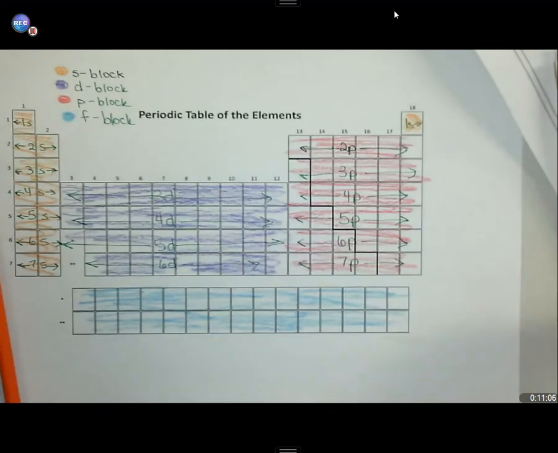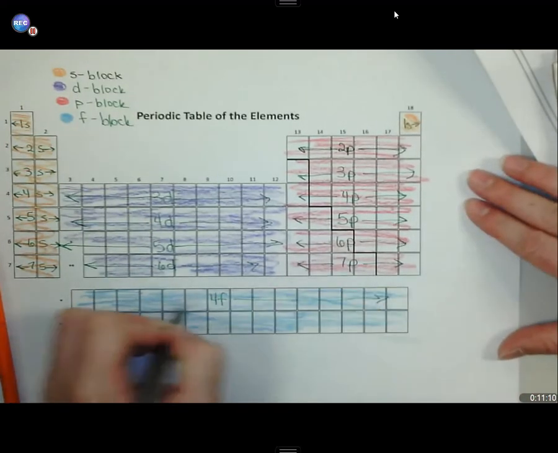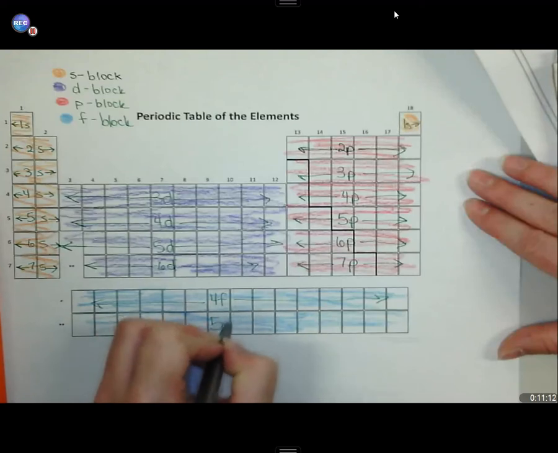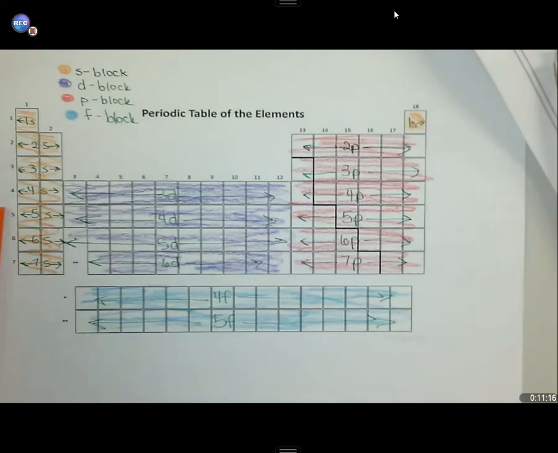So with the F block, you're going to have 4F, and then you're going to have 5F below that. And that will go into your notebook. Like I said, if you can't print the blank periodic table and label this, you will need to do a rough sketch and label it and color it as well.